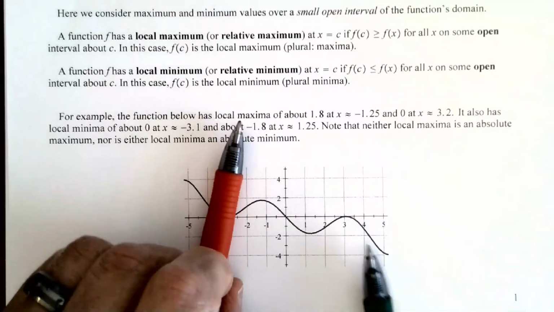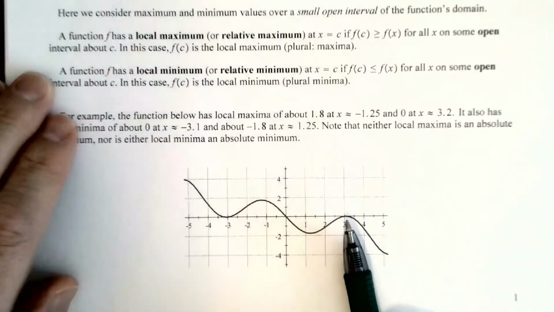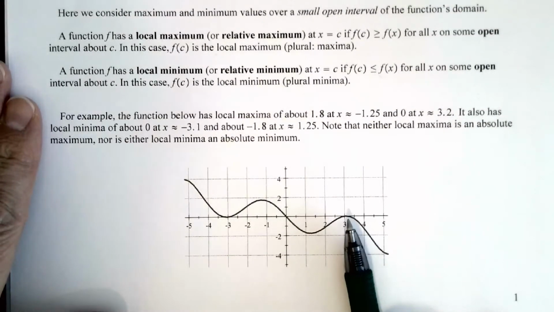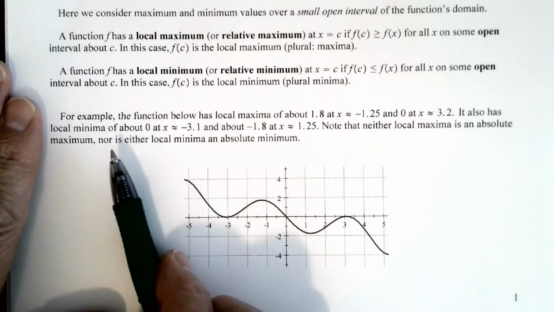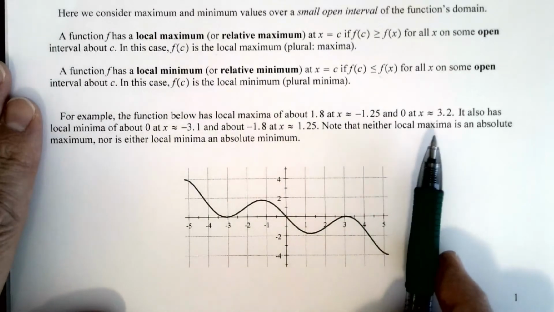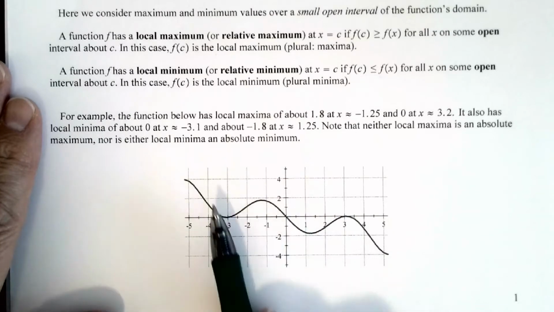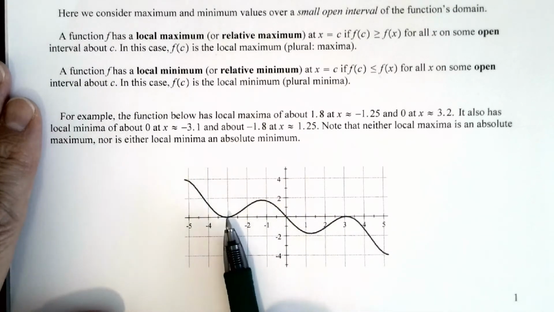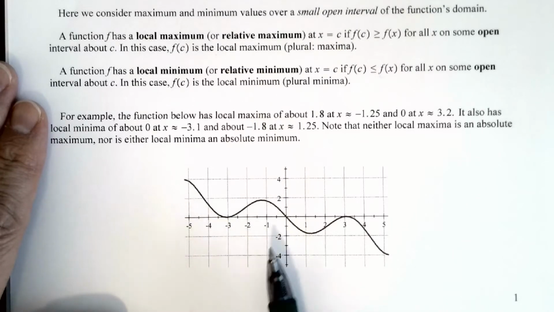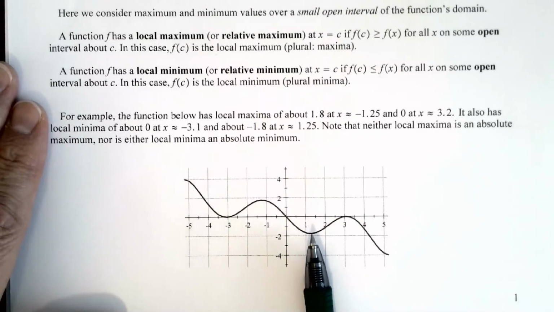Similarly, we have a local maximum of about 0 at about x equal to 3.2, right about there. And then we have a local minimum of 0 at about x equal to -3.1, and also a local minimum of about -1.8 here, the y value at about x equal 1.25.